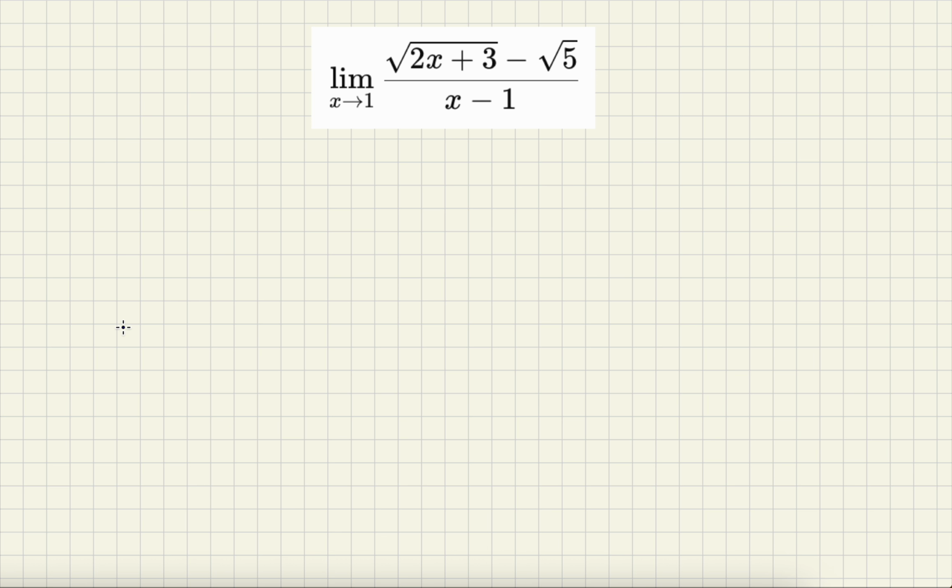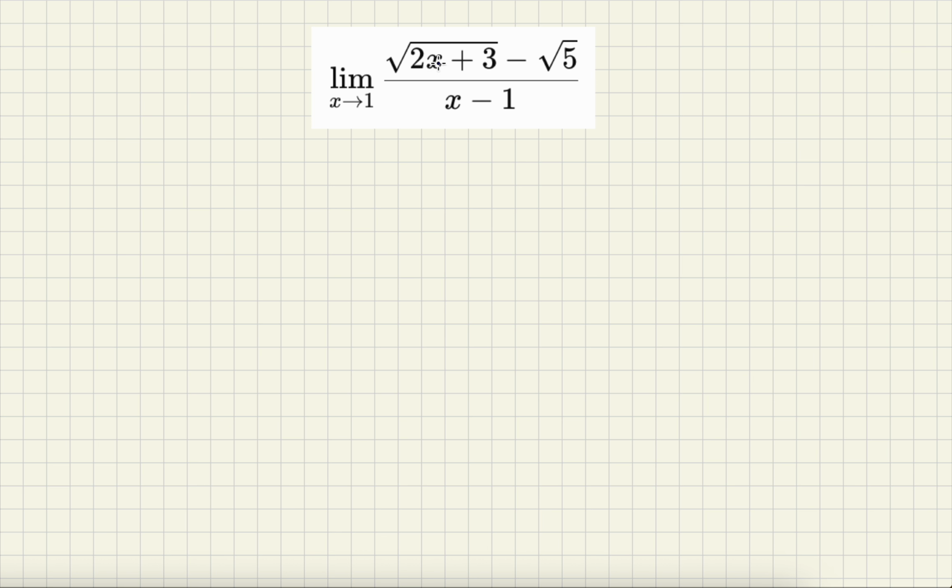Now in this question, we have find the limit as x approaches 1 of (the square root of 2x plus 3 minus the square root of 5), the whole over (x minus 1). Now, our first step is to plug in the value that x approaches.